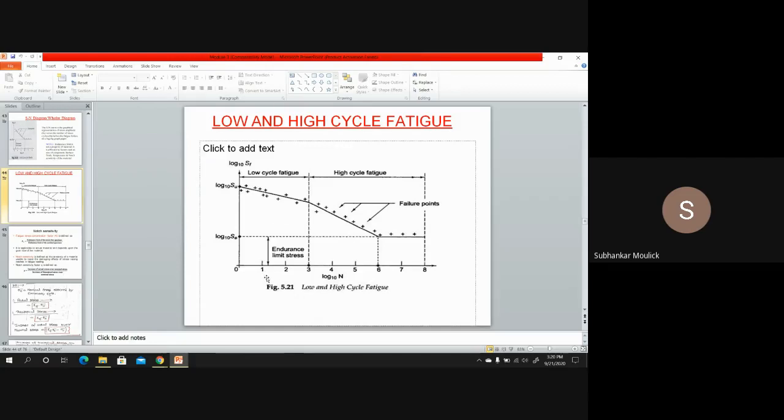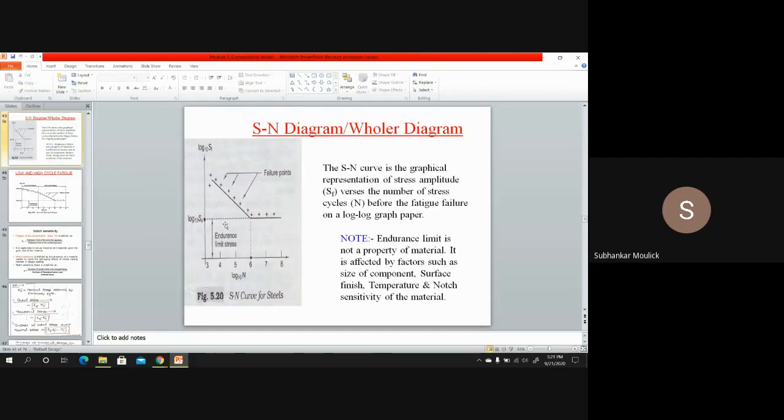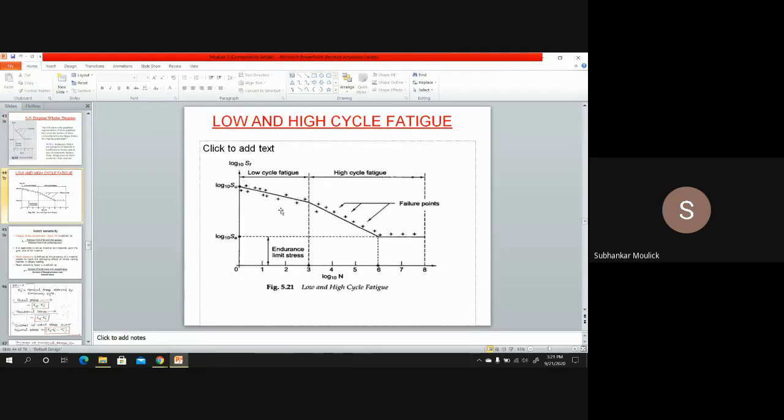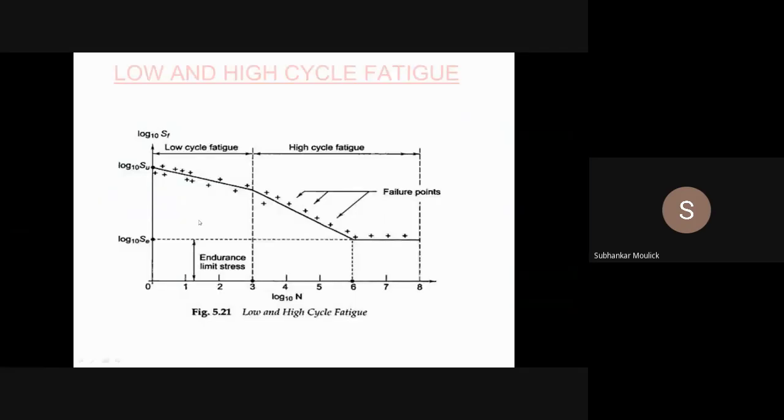So we can divide this SN diagram into two regions. One region is called low cycle fatigue and the second region is called high cycle fatigue. This is your origin. Along the x-axis you have the number of stress cycles and along the y-axis you have the stress amplitude.